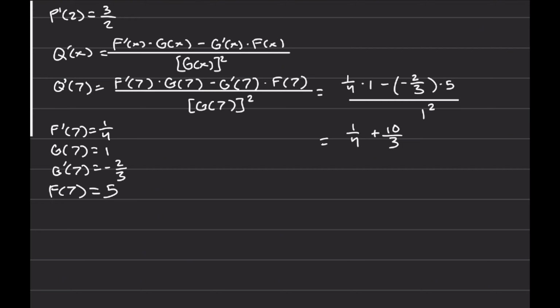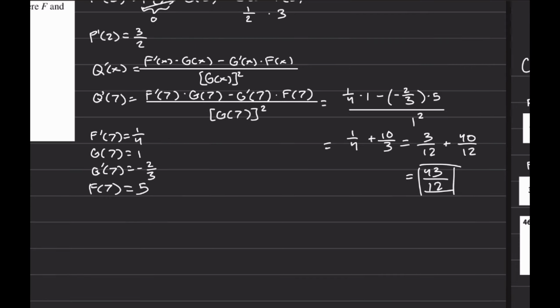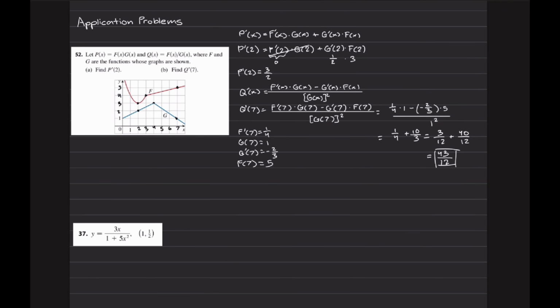And the 1 obviously doesn't mean anything. So we could simplify that. It's 3/12 plus 40/12, which gives 43/12, and that's our answer. Okay, so graph problems. To summarize, first you could simplify it, and then just look for each of the values using the graph and your intuition.